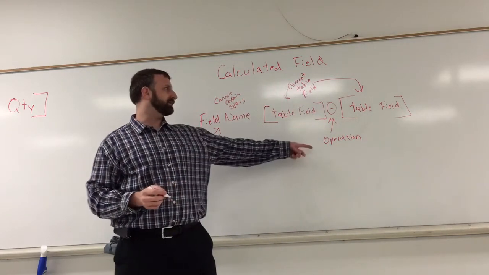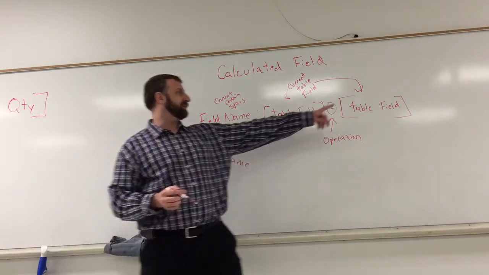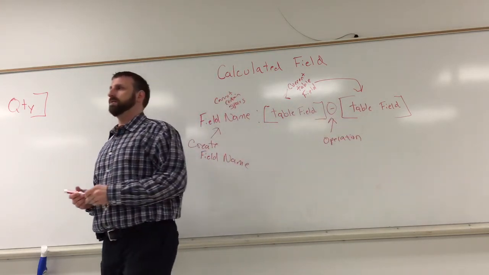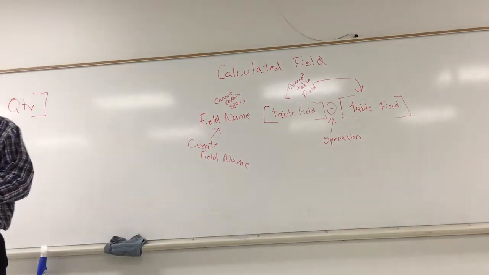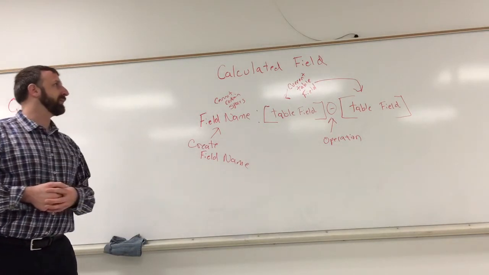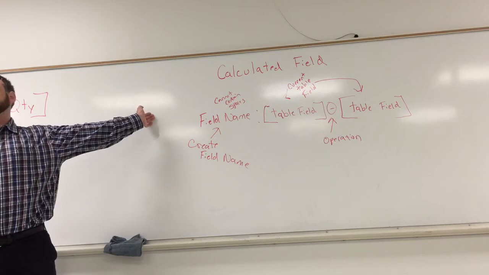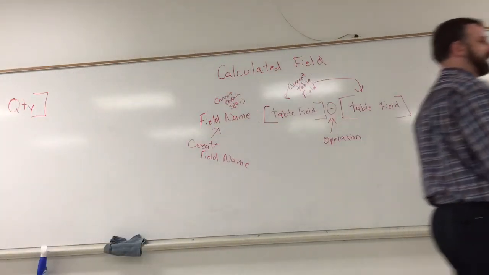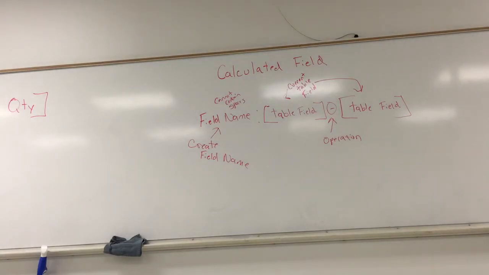It's going to be a mathematical operation of some sort. And then another table, this other field has to exist in one of the tables in your database. Questions? All right, there's 2 questions on there for your calculated field. All right.